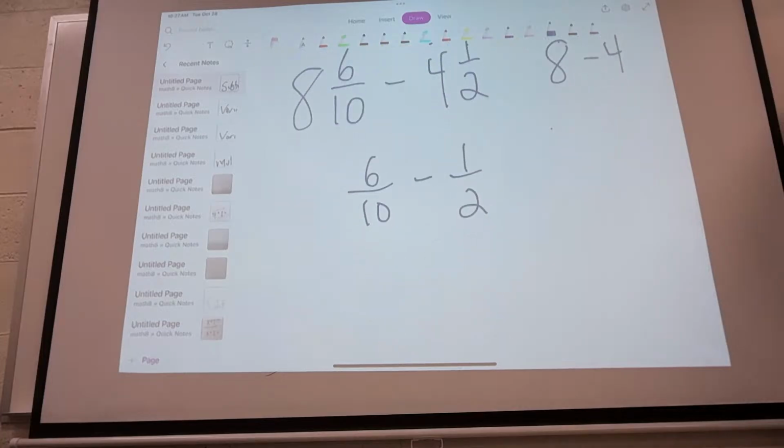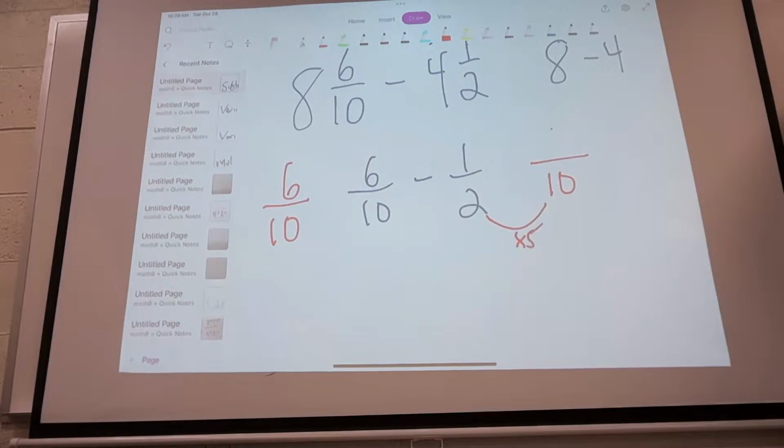So what am I going to do? What can I change the bottoms to so they are the same? 3/5? If you reduce, you don't have to reduce it yet. Just leave it. Let's change them both into 10. That one stays. How do I change a 2 into a 10?